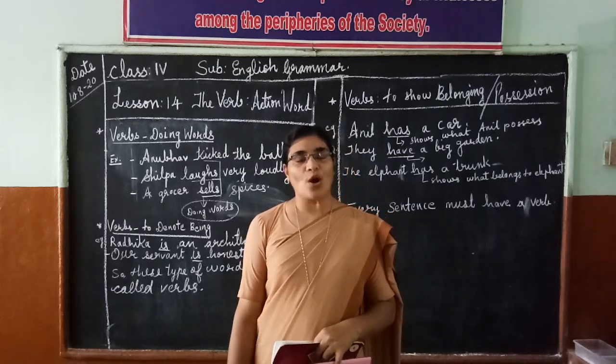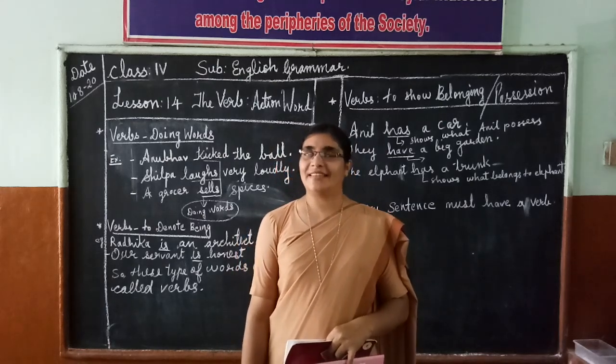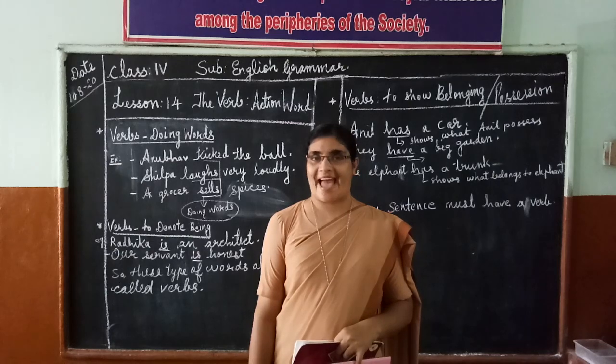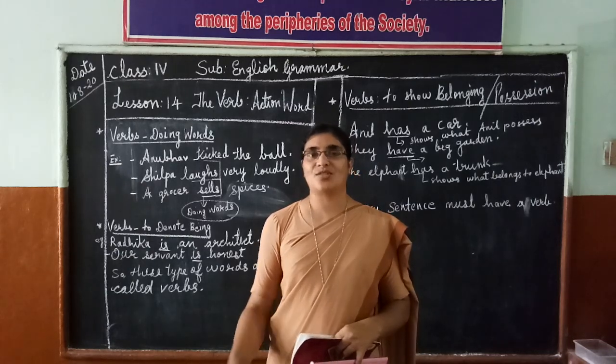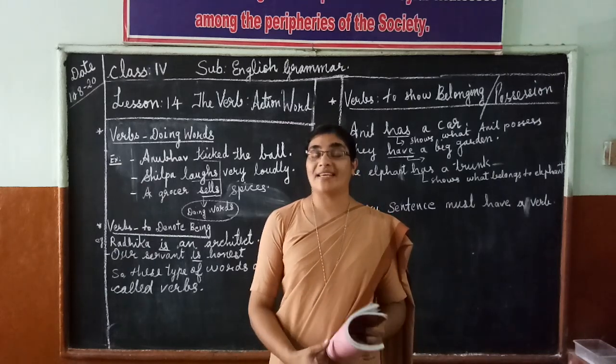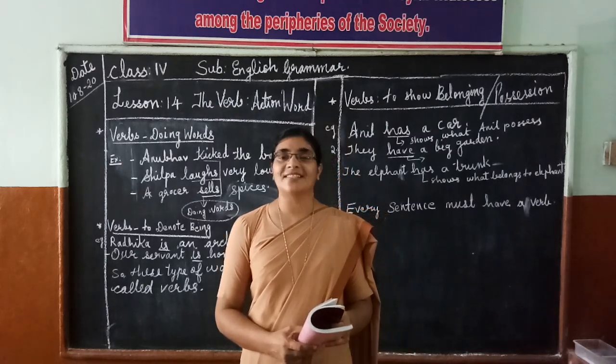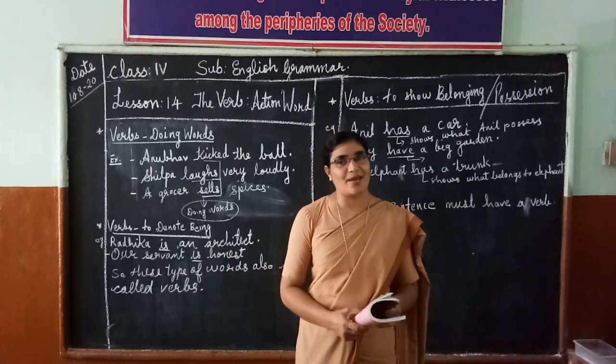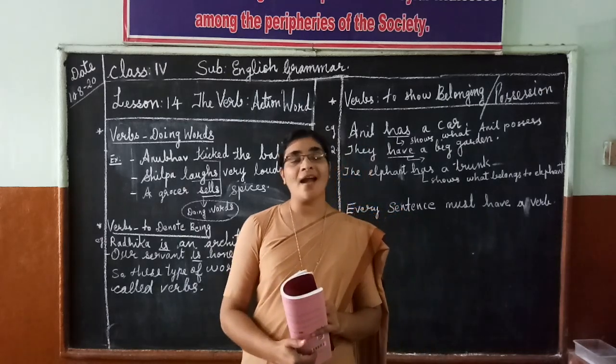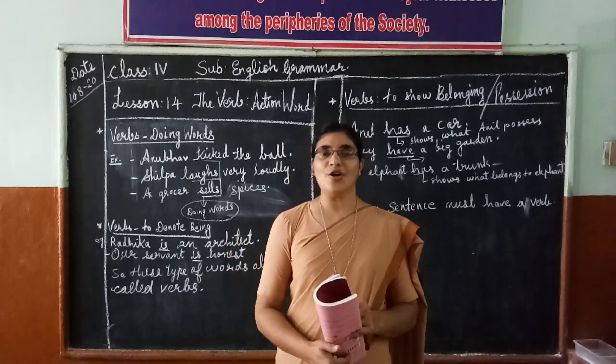Generally you all know the verbs are the doing words or the action words. So let us see what a verb is. Words that tell us what a person, animal or thing is doing are called verbs.